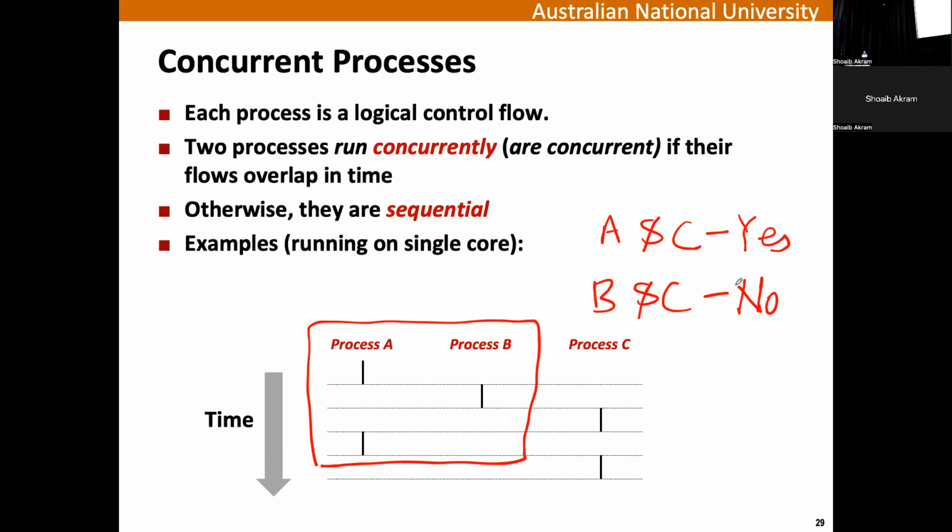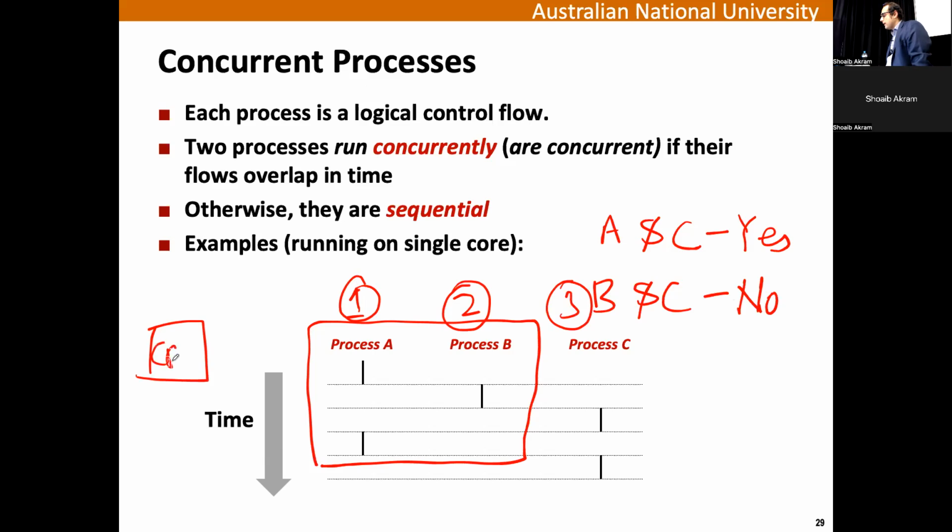They're disjoint in time, okay? So this is an example of three logical control flows running on a single CPU. So we have a physical control flow here that belongs to three logical control flows. So if we look at the physical control flow, we may or may not be able to tell which process is running at a given point.